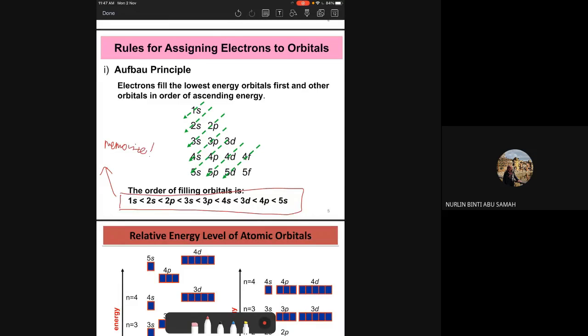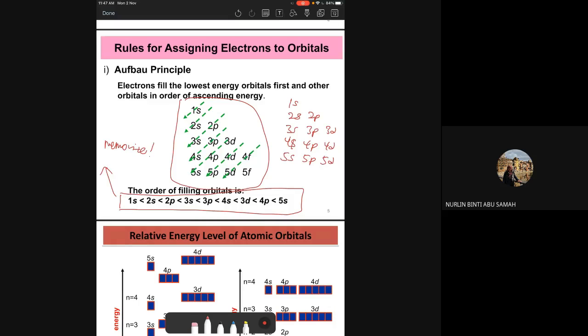Okay, ataupun if you don't want to memorize this, you can simply try to remember this order. Okay, tulis je 1s, 2s, 3s, 4s, 5s, lepas tu sebelah 2p, 3p, 4p, 5p, dan 3d, 4d, 5d. 4f dengan 5f jarang.